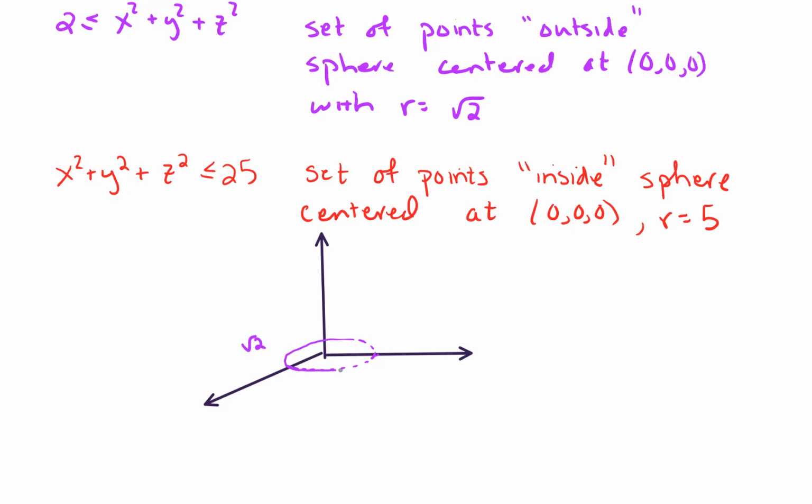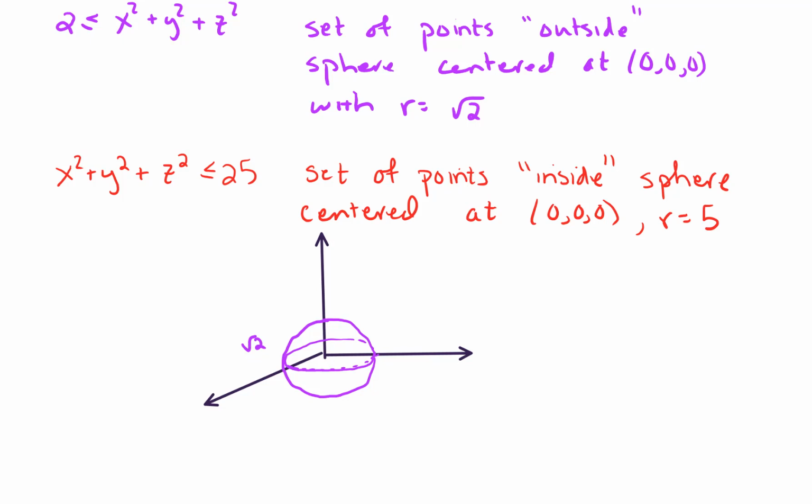Okay, so there's that sphere, radius root 2. And for this next inequality, we want the set of points that are inside the sphere centered at the origin with radius 5 and exterior to this sphere of radius root 2.